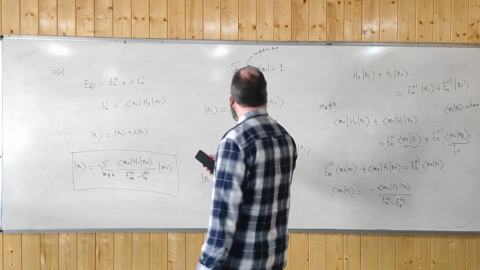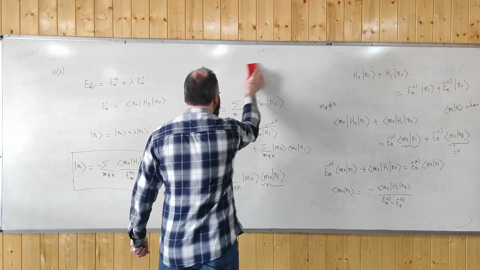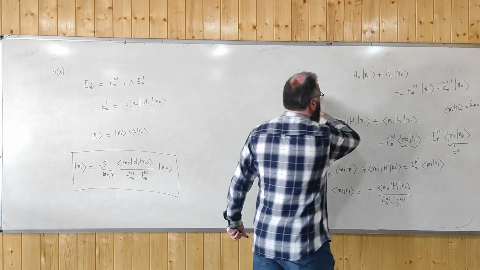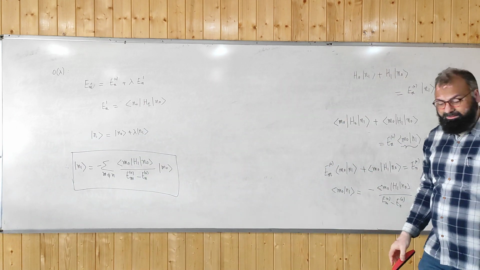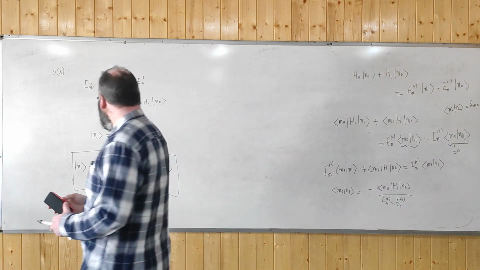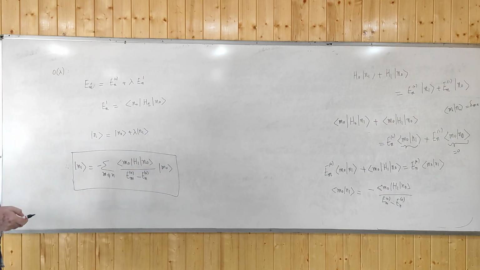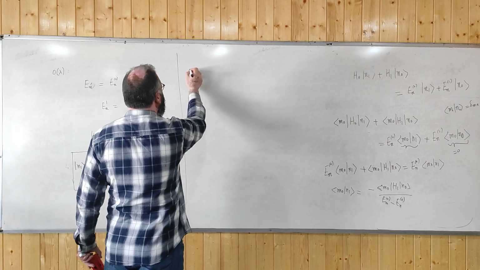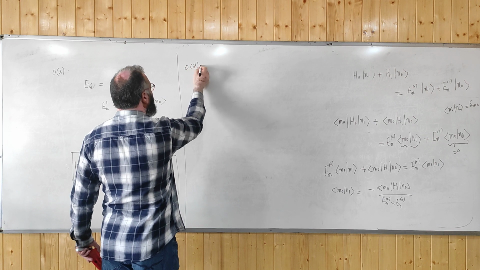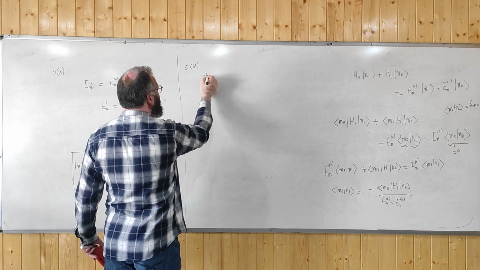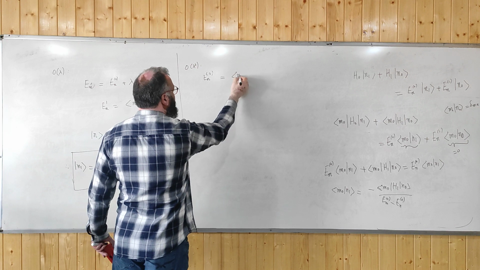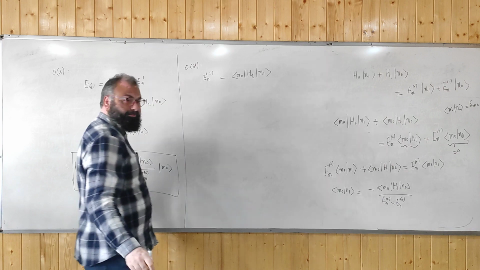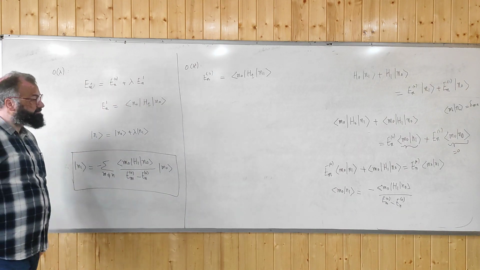So now let's go to the second order correction to the energy. Okay. So we now have the second order correction, En2, that's equal to <n0|H1|n1>. Clear? Now use n1 from here.